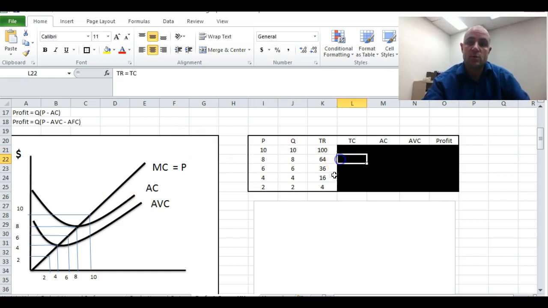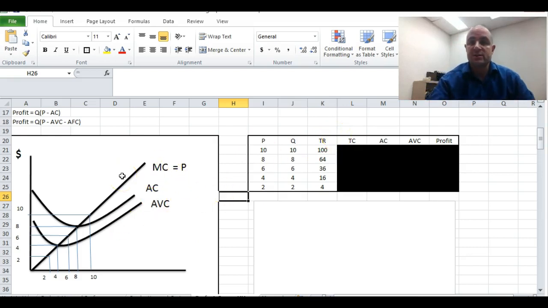So what does this mean? Let's look at these different points. So let's look at the first point. When the price is 10, quantity is 10. Revenue is 100. What about the total cost? Now, the one thing that we can say is that the total revenue is going to be greater than the total cost.